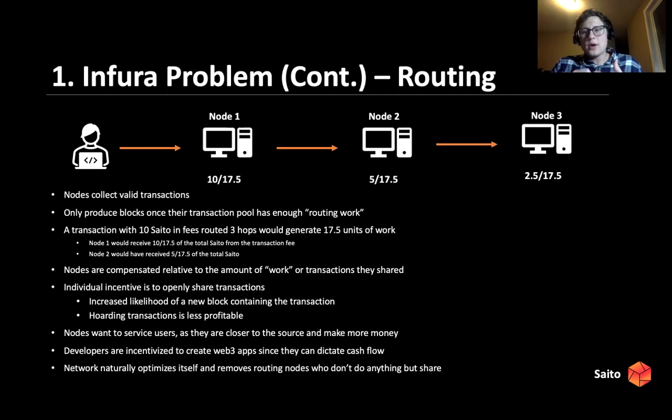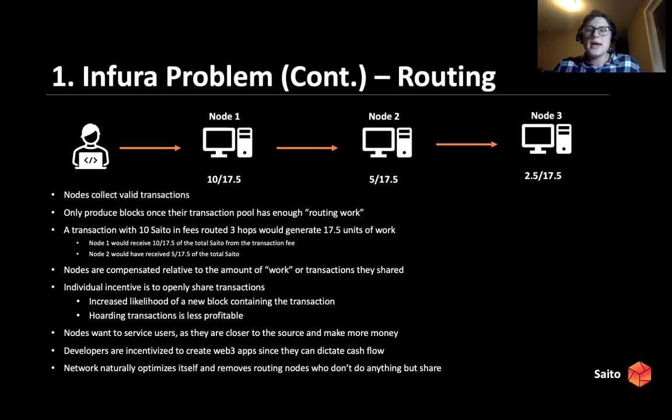One other thing I think is really cool with this mechanism is that nodes actually want to service users. I think this is a really big problem within the Web3 space, because right now we don't really see any incentive for providing that infrastructure. We also don't see any incentive for developing the applications that sit on top of these blockchains.